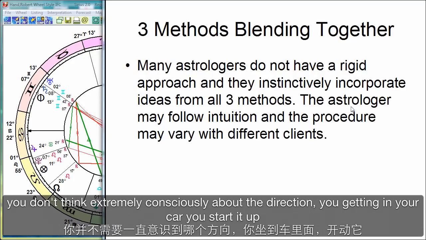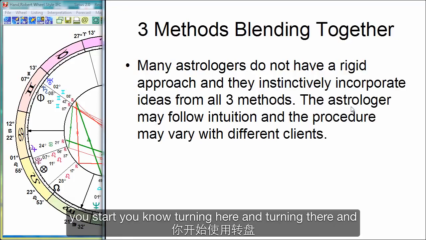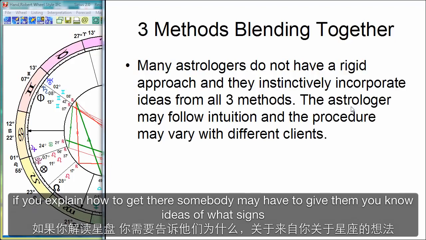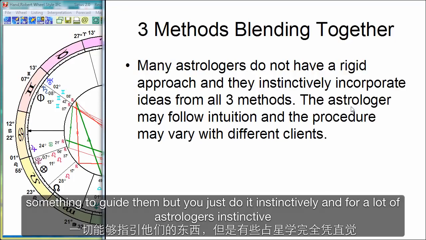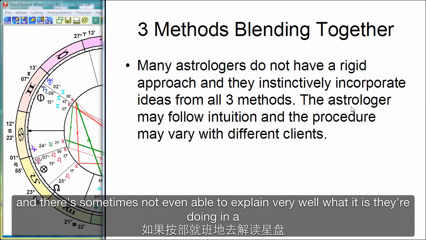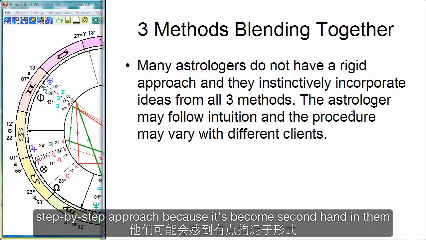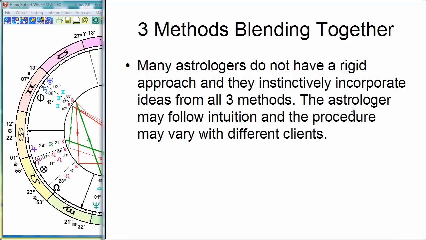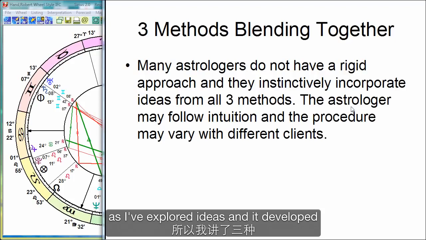You get in your car, you start it up, you start turning here and turning there, and if you explain how to get there to somebody, you may have to give them ideas of what sign or something to guide them, but you just do it instinctively. And for a lot of astrologers, it's instinctive, and they're sometimes not even able to explain very well what it is they're doing in a step-by-step approach, because it's become second nature to them as they've explored ideas and it developed.